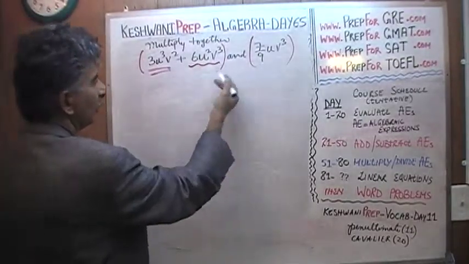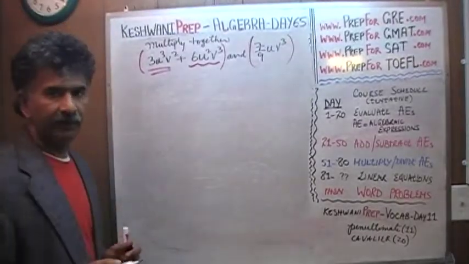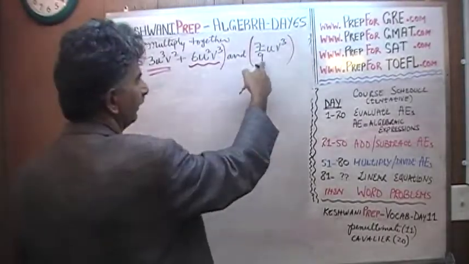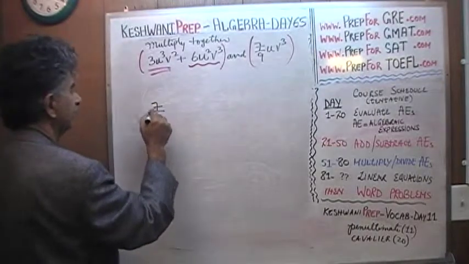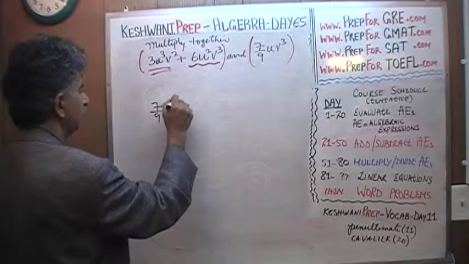Instead of writing in the order that is given to us, let's put them in the reverse order. Let's put this one first. It'll be easier, simpler to work with: 7/9 u v cubed.